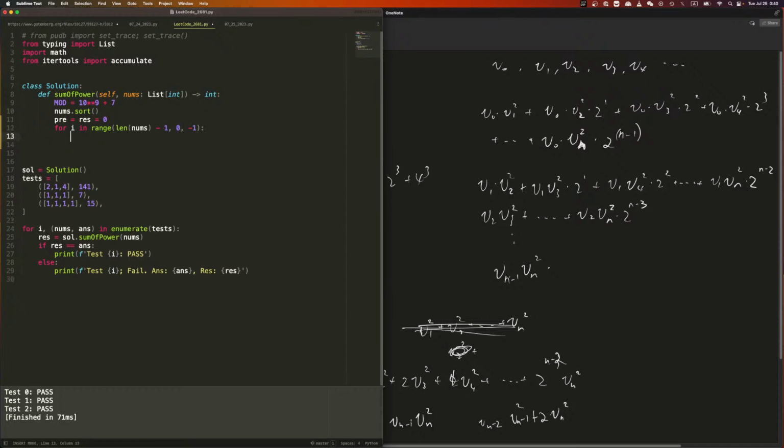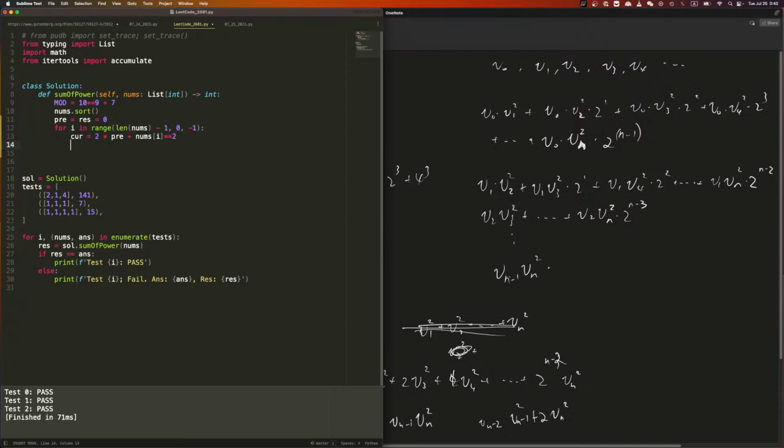Okay. Then we say current shall equal to 2 times pre, plus nums I squared, right? 2 times the pre plus the current one squared.